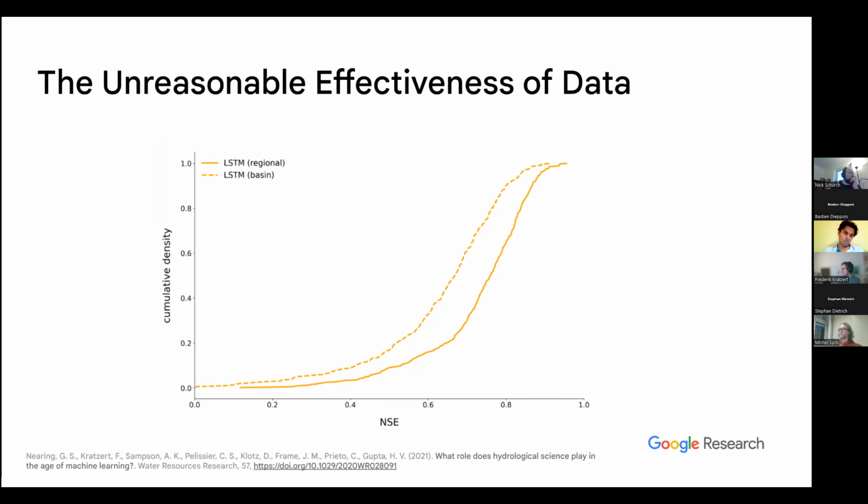If you train a single LSTM on data of hundreds of basins, a single LSTM, right? This model is substantially better than if you would train a single LSTM to every basin individually. So here we are getting better with more data.